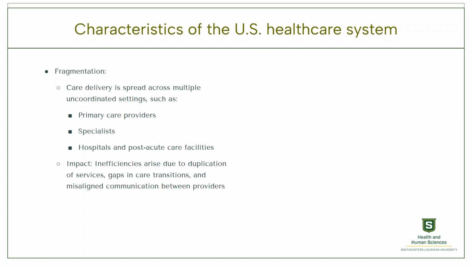What happens with this fragmentation is there's a lot of inefficiency and a lot of duplication of services. It also leads to a lot of gaps in care transitions, and not very good communication between providers.